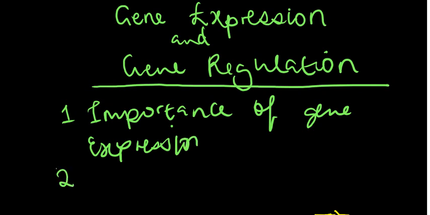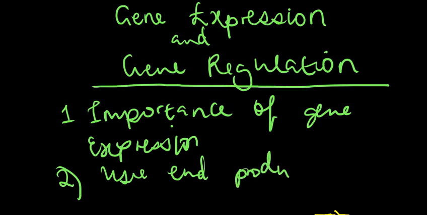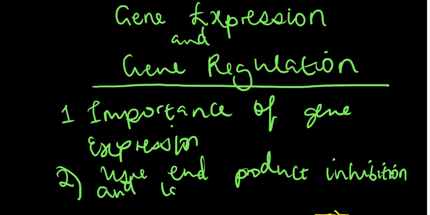And two, we're going to learn to use end product inhibition, and in using this we'll use the Lac Operon as an example.